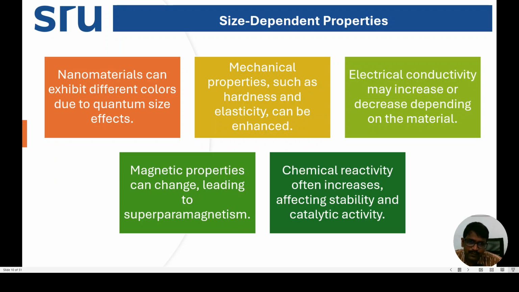So we need to make a material such that even when the mobile falls down, the display should not be broken. It should sustain or retain that force. How can we make displays with such properties? By using nanomaterials, by using nanotechnology, by modifying the properties.